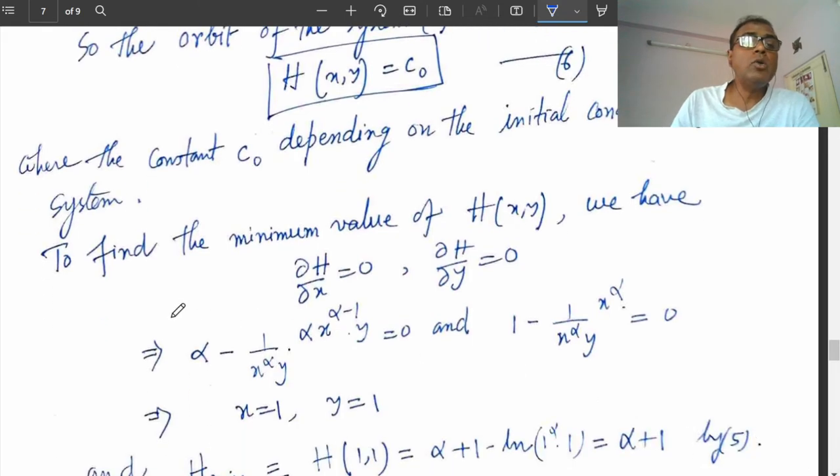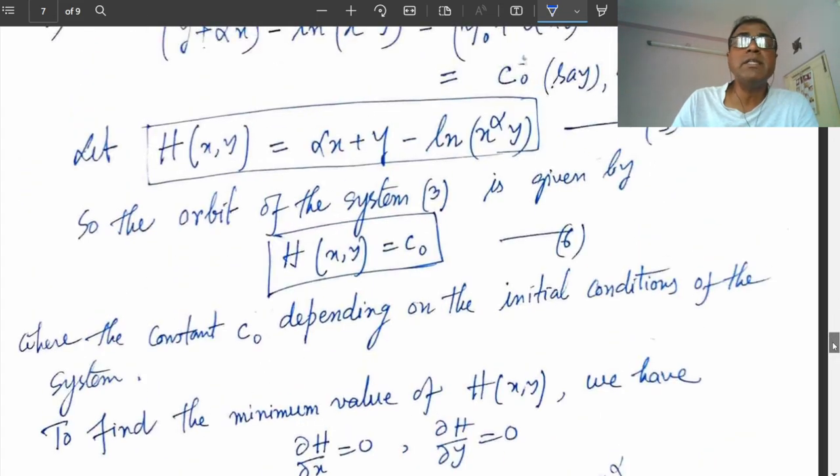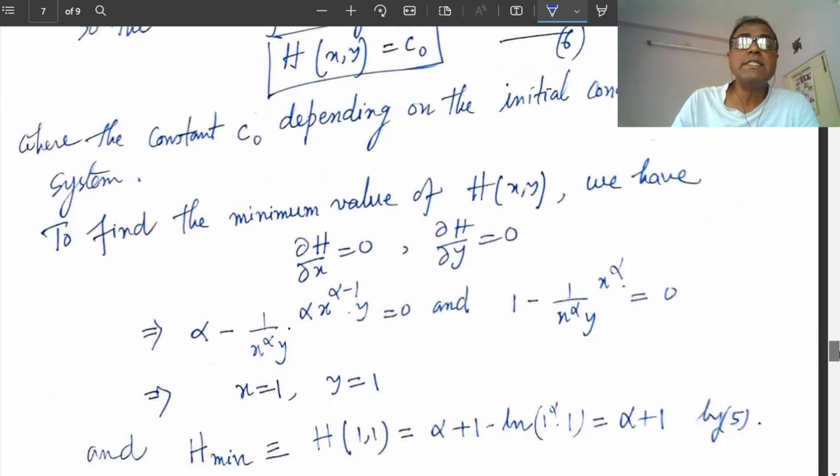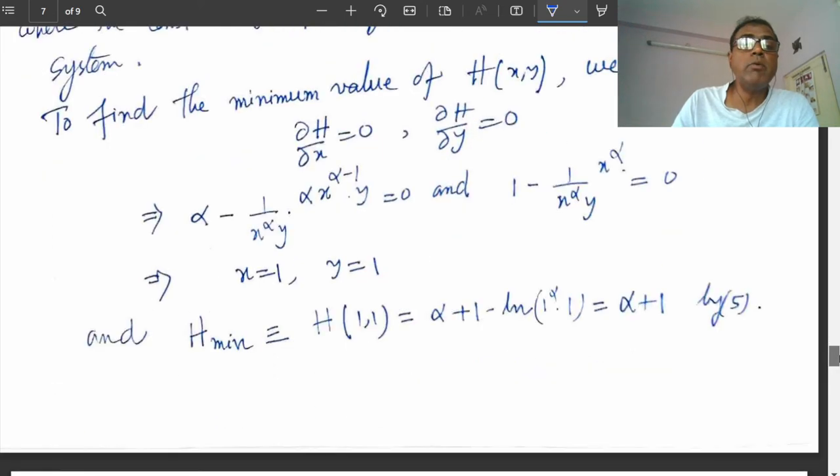Now to find the minimum value of the function capital H, we set ∂H/∂x equals 0 and ∂H/∂y equals 0. H is given by equation 5, so ∂H/∂x gives this, and ∂H/∂y gives this. Solving these, x equals 1, y equals 1.